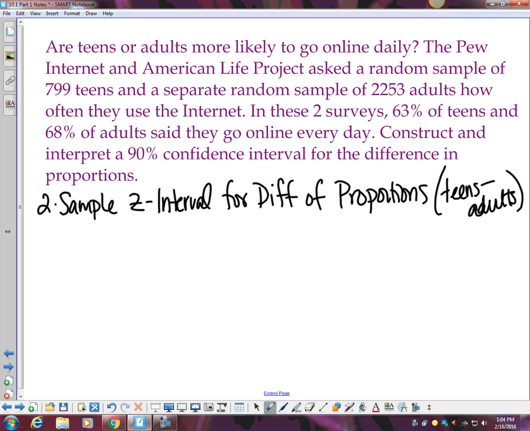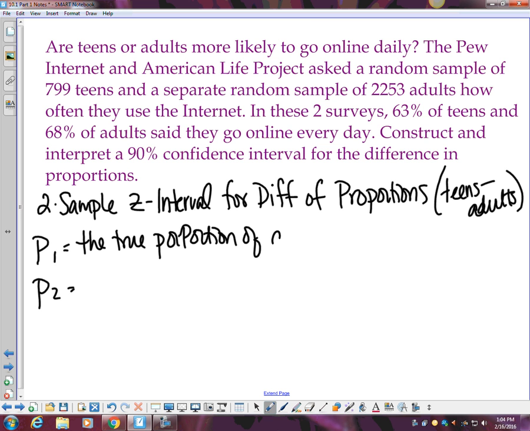The next things I need to do are define my parameters, and I have two of them because I have two samples, and these are parameters so they don't get hats. The true proportion of all teens who go on the internet every day.